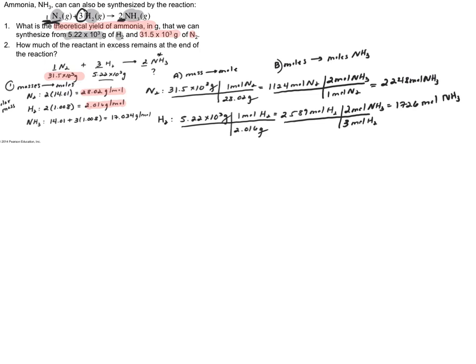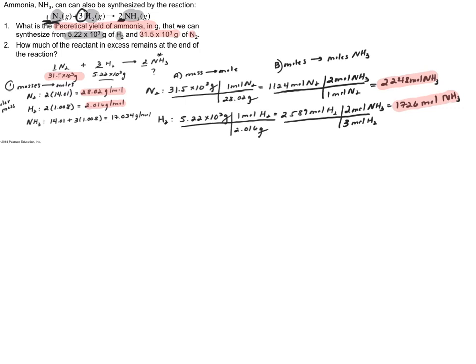Okay, so these are the 2 possibilities, right, given our 2 starting materials. Given the amount of nitrogen that I had, I can make 2,248 moles of ammonia. Given the amount of hydrogen that I had, I can make 1,726 moles, okay? Again, the limiting reagent is going to be the thing that makes the least amount of product.